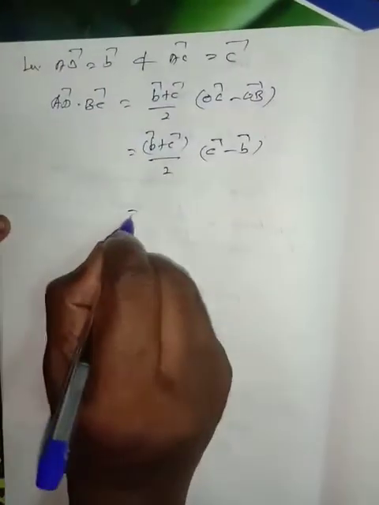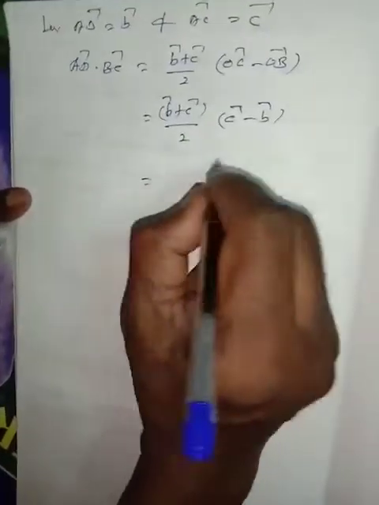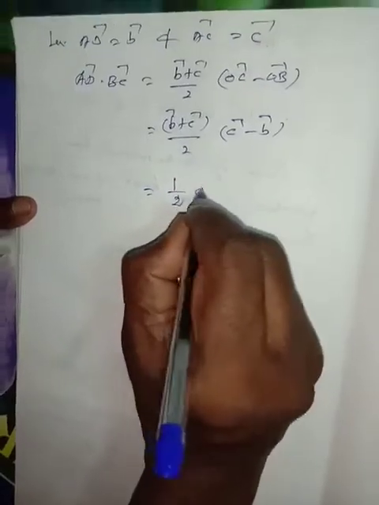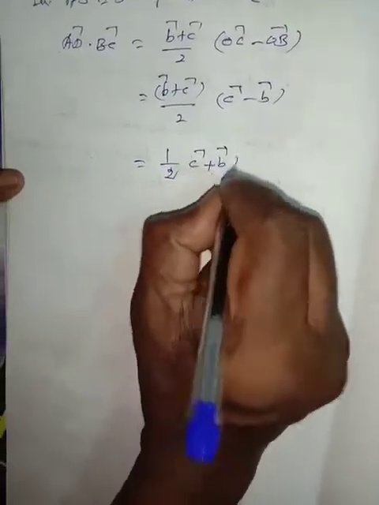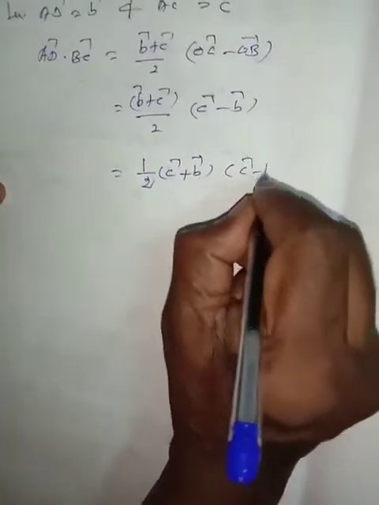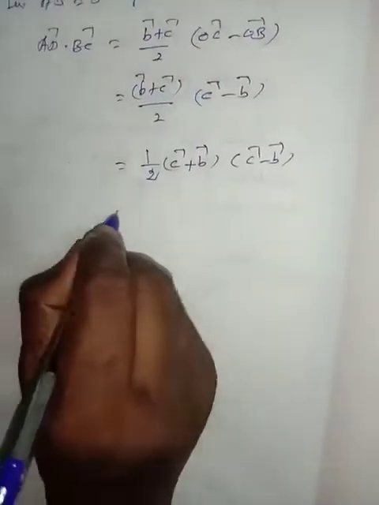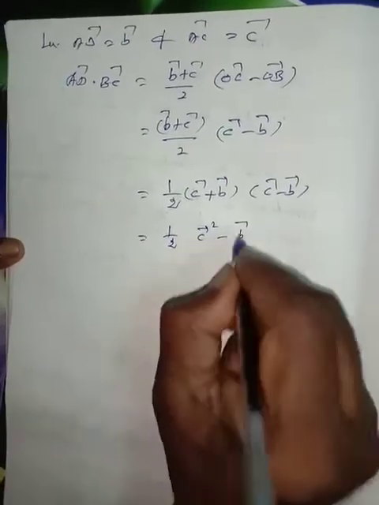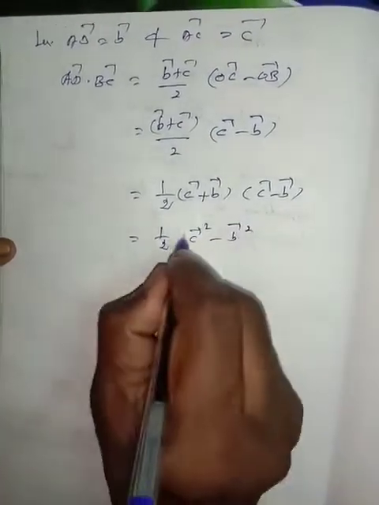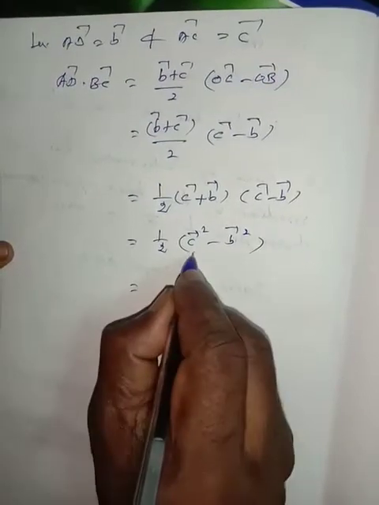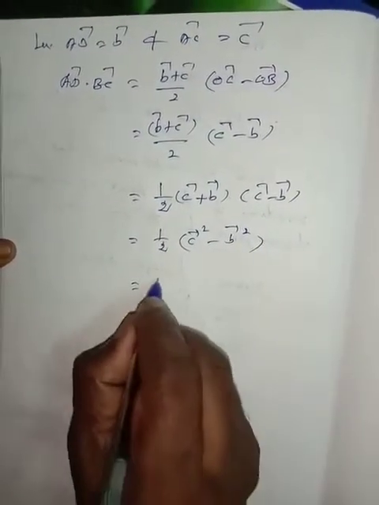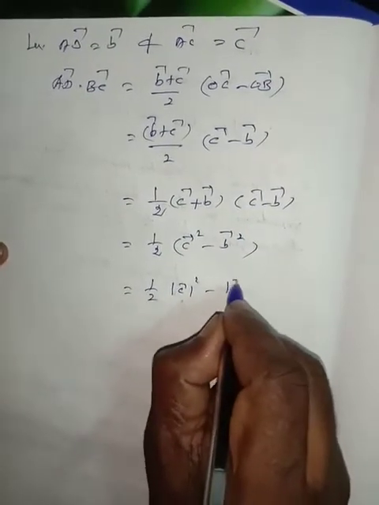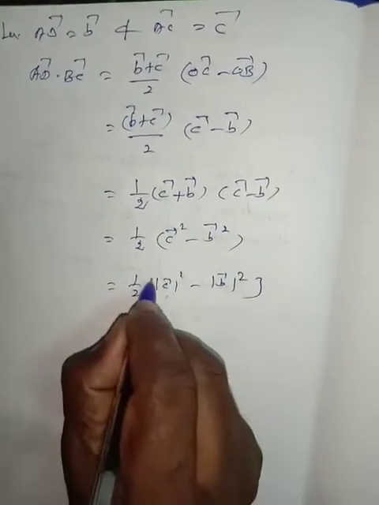So, 1 by 2 into (C vector plus B vector) into (C vector minus B vector) is equal to half into (C vector whole square minus B vector whole square). This can be written as half into magnitude of C vector whole square minus magnitude of B vector whole square.